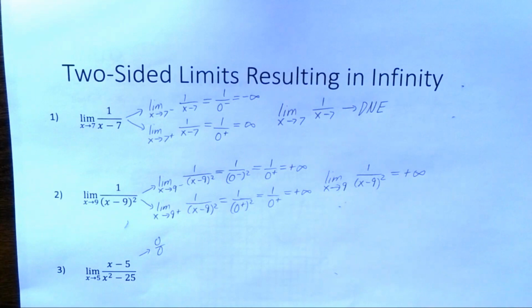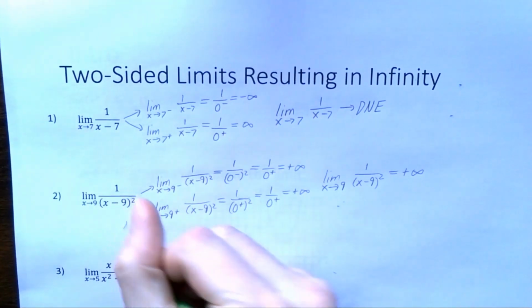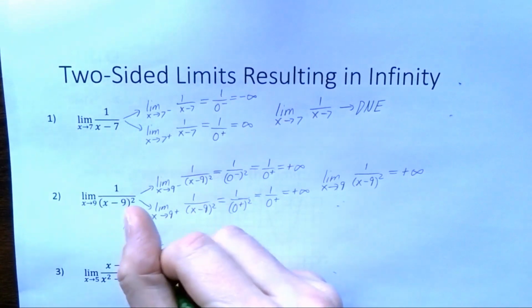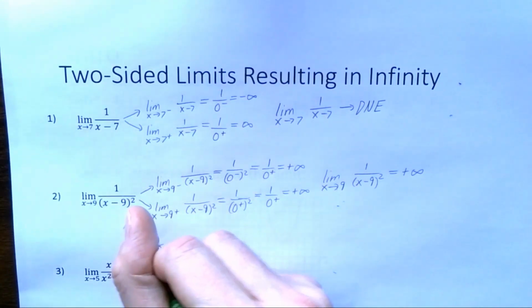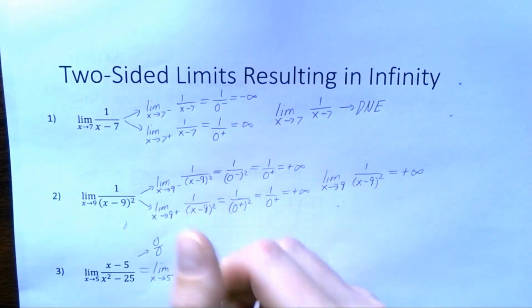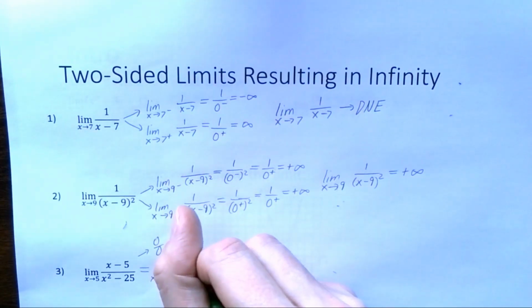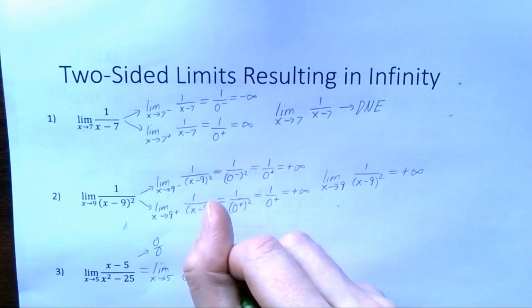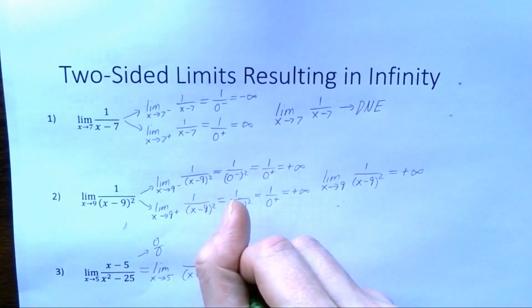And so that means there's a chance that we can simplify. Now, the bottom is a difference of squares, and a difference of squares is going to be a plus b, a minus b. In this case, a is x, and b is 5. So factoring the bottom, we get x plus 5 and x minus 5.